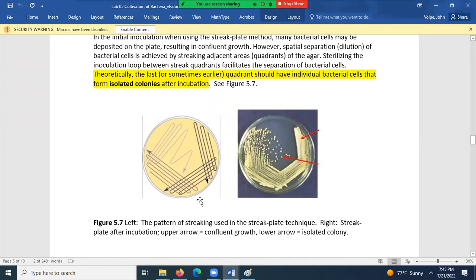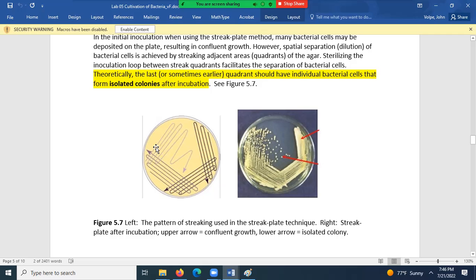The purpose for doing colony streaking is that, somewhere along the line, when you're streaking, you will put down isolated cells. In this plate, we're getting isolated cells in sector 4, but it doesn't matter where you get the isolated cells.